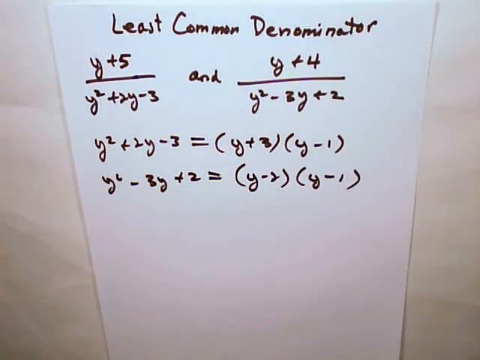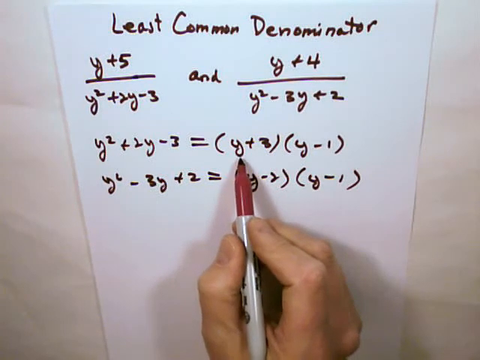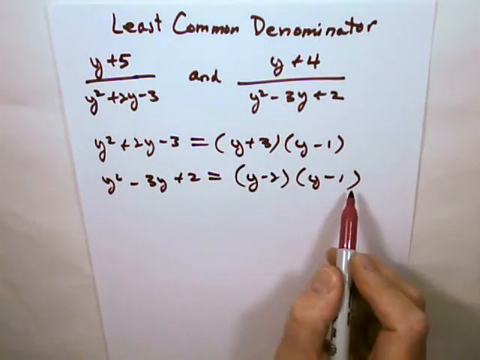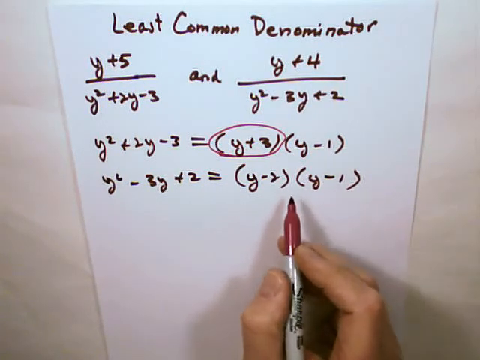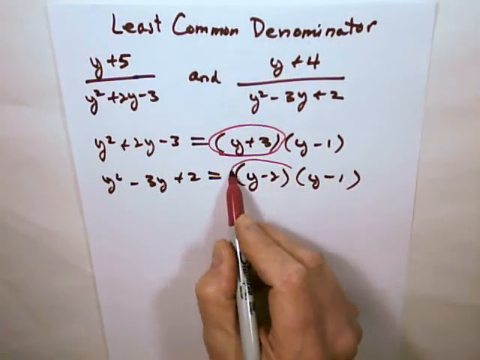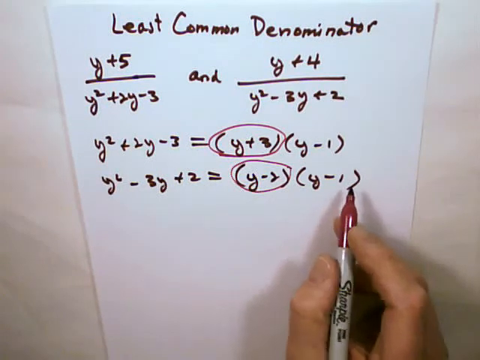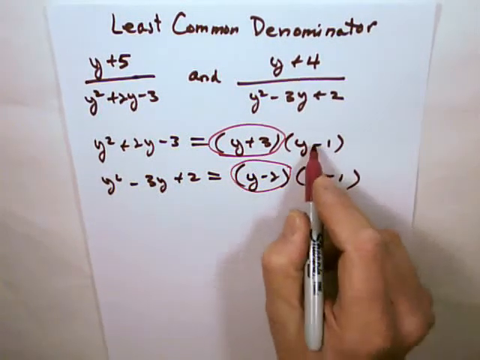All right, so now let's take a look. What are all the different factors that I have here? It turns out that y plus 3 here is unique, so that's one of them. It turns out that y minus 2 occurs once over here. And then y minus 1 is common to both of them.